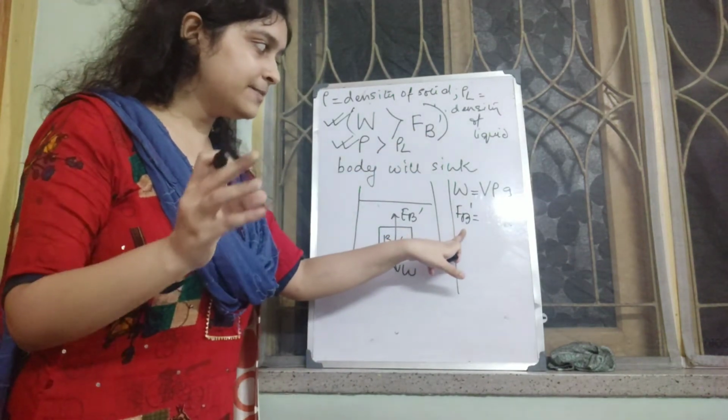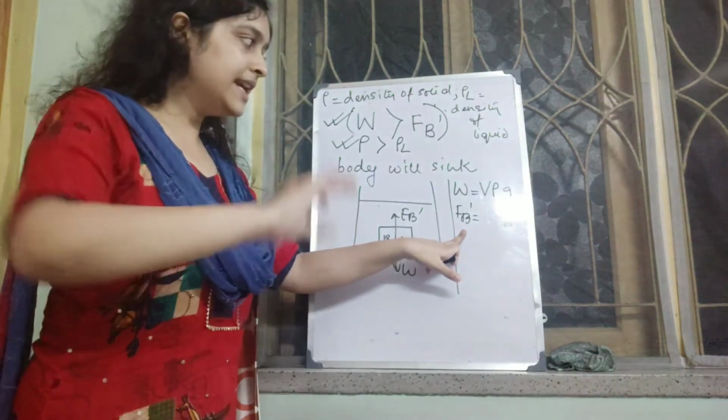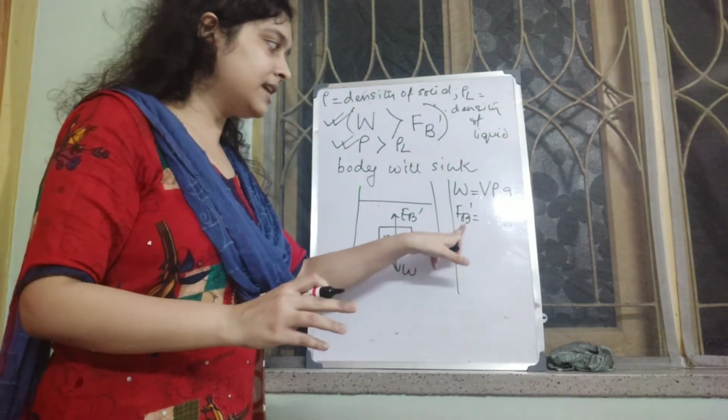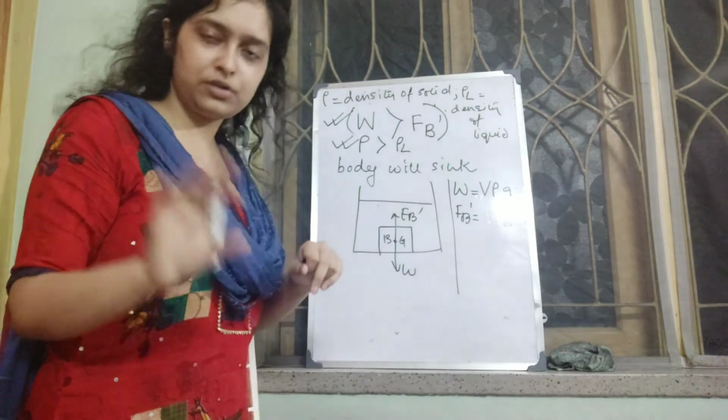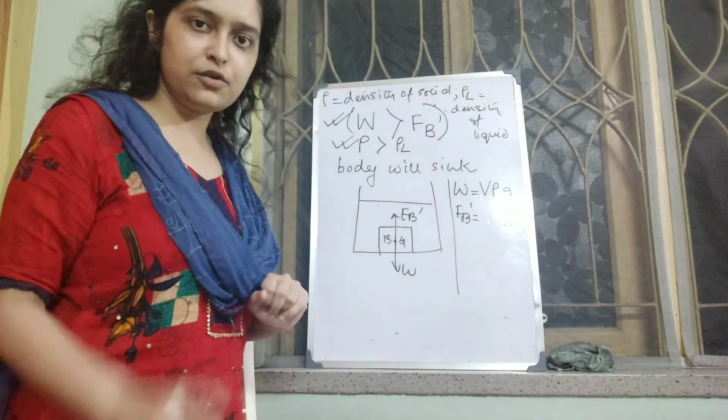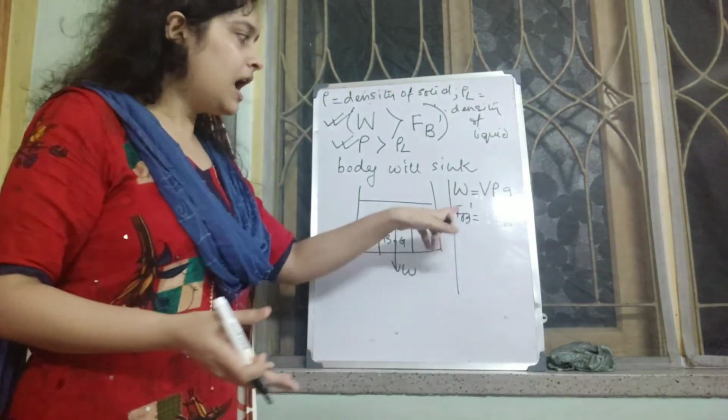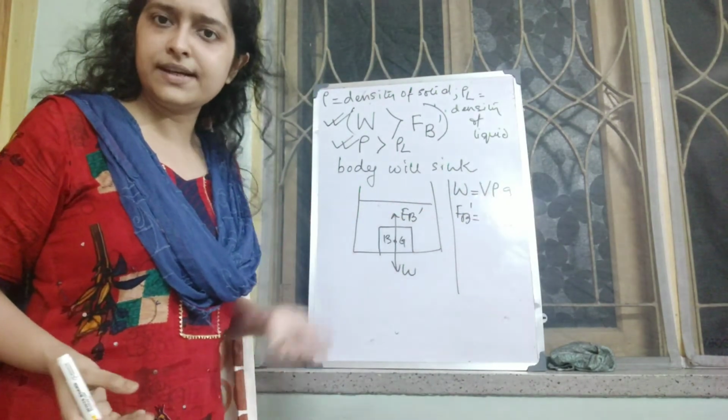What is this thing? The weight of the liquid displaced. So the weight of the liquid displaced is how much? Upthrust, as you have just found, is the weight of the liquid displaced.